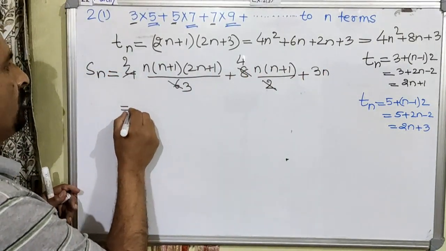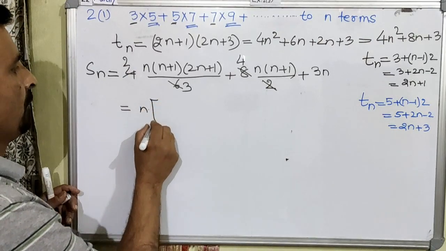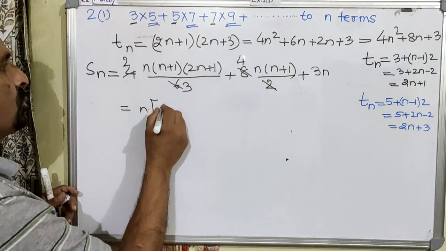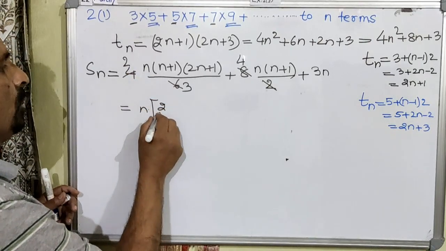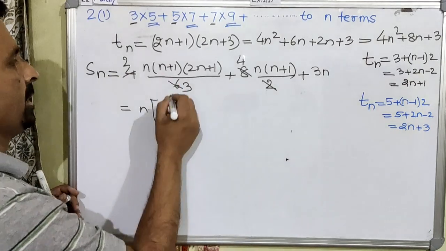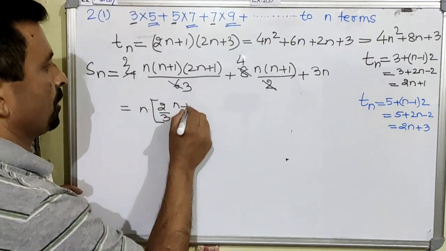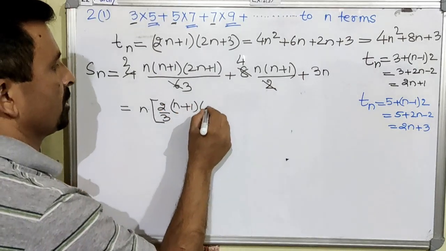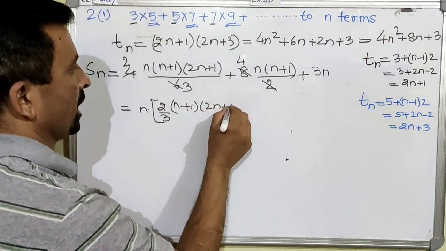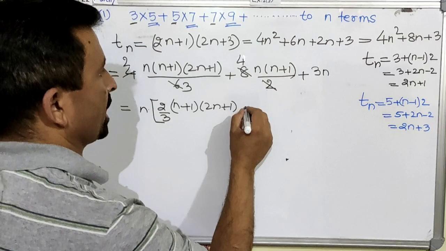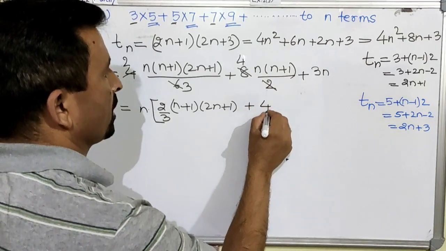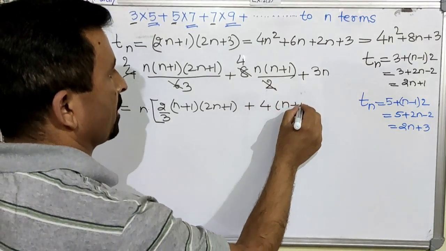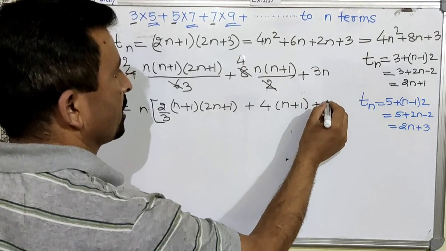This n will be out. So from this you are getting 2 remaining over 3, and then n plus 1 into 2n plus 1. And from here you get 4 into n plus 1. And this will become 3.